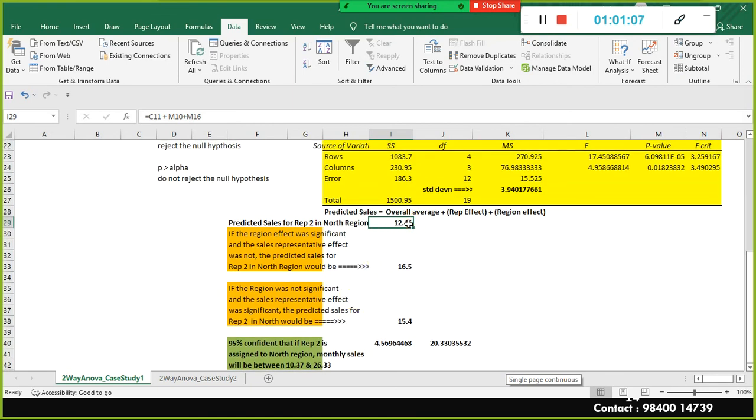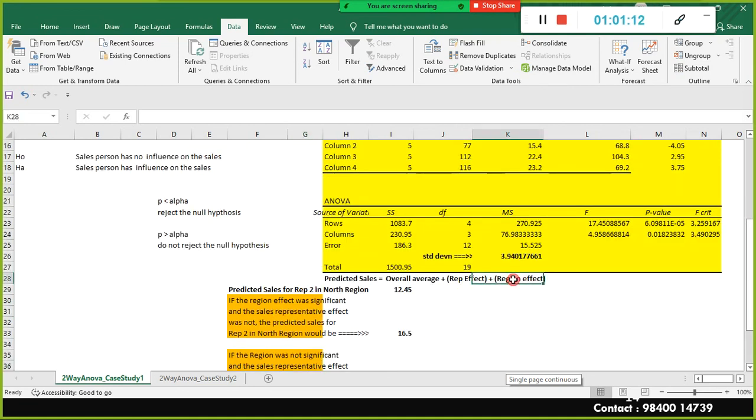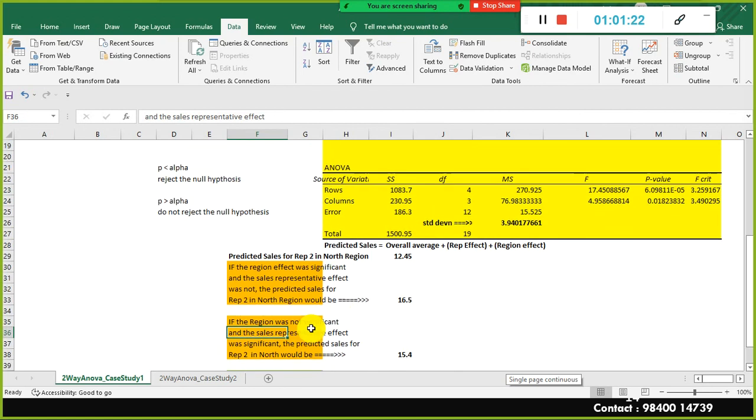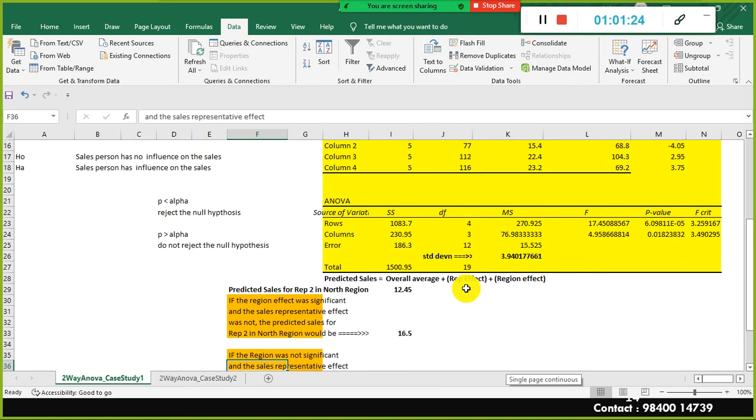Okay, this is the one for this case. If the region was not significant, here we put 0, and here we consider only rep effect and overall effect. If the region was not and the sales representative effect was significant, the predicted sales for rep 2 in north would be, okay, here in this case I mentioned about, no one noticed this one, the sales representative effect was not there, 0, right?